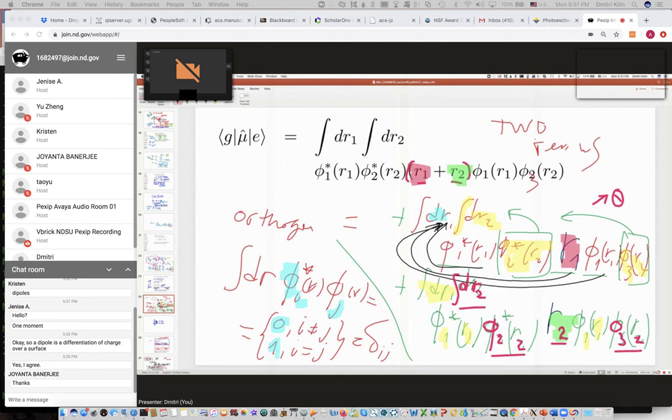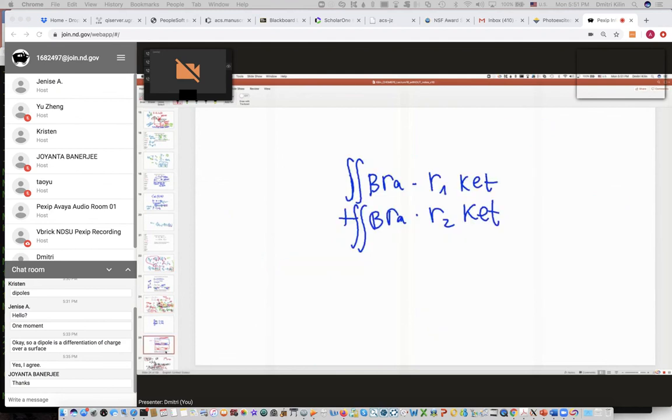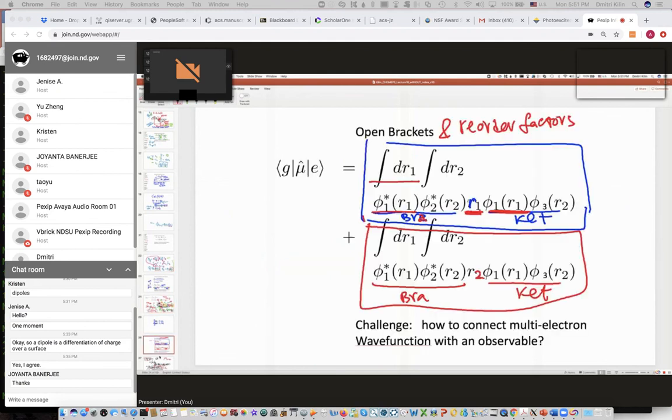And before we go forward, I want to give a heads up. We have eliminated integration over R1. So from many electron expectation value, we are moving towards one electron expectation value. Same thing in better typing.